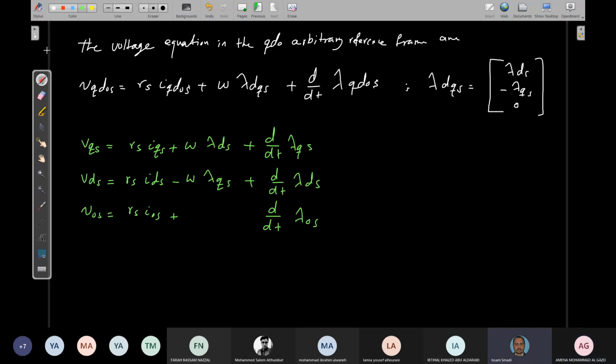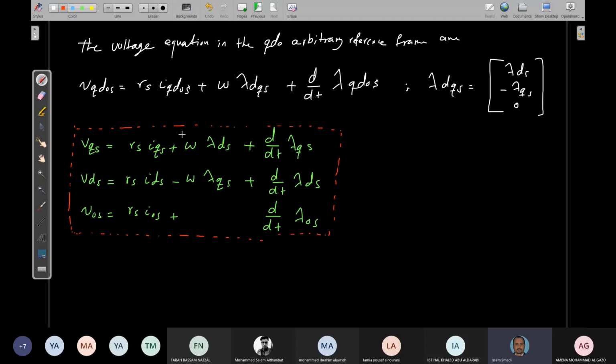Now let's see. If you remember, when we started discussing the transformation, we said that in general I need the transformation in order to simplify the mathematical model of the system. Now, this one is more simple, I think. Let's see what the meaning of the simplicity is. According to the KVL, this must be a voltage, this must be a voltage, and this must be a voltage. And we know that this is the total voltage, the drop voltage across the resistance.